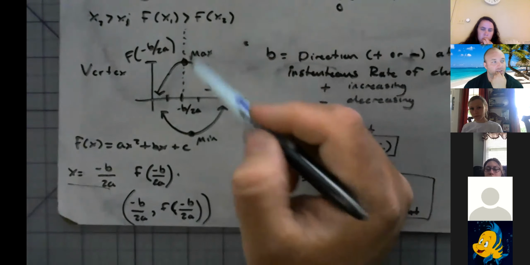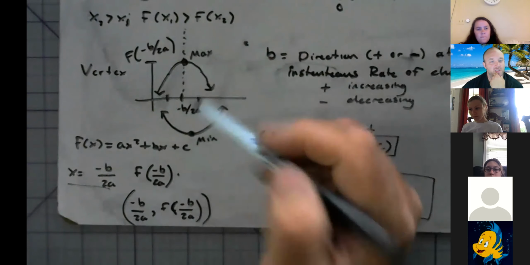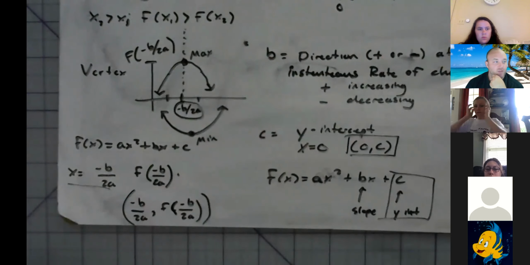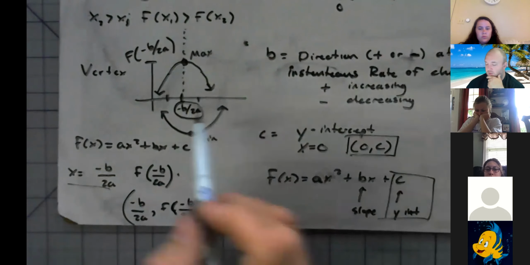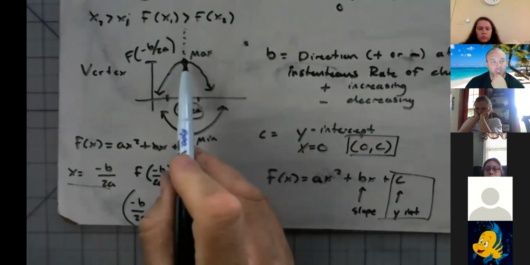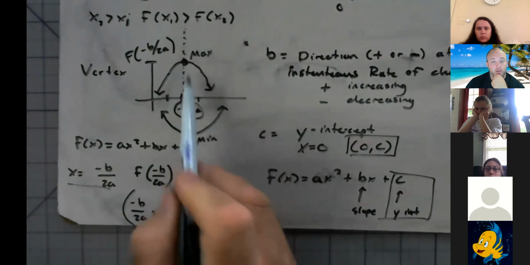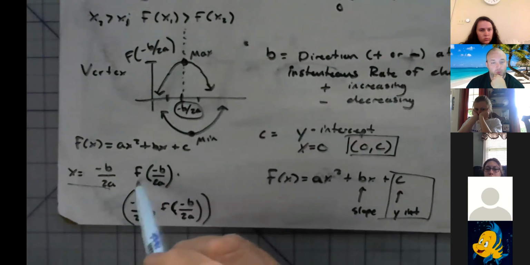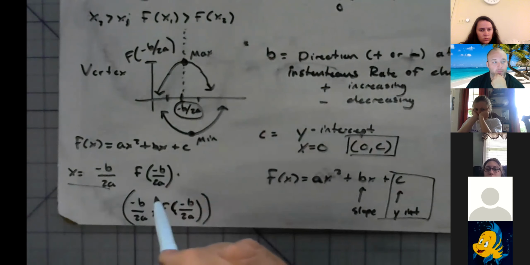But that line of symmetry or axis of symmetry is about that x value of your vertex. So if you can find that vertex here, you're going to be able to know where the maximum or minimum is located and also where the axis of symmetry is. Okay, minimum works the same way.